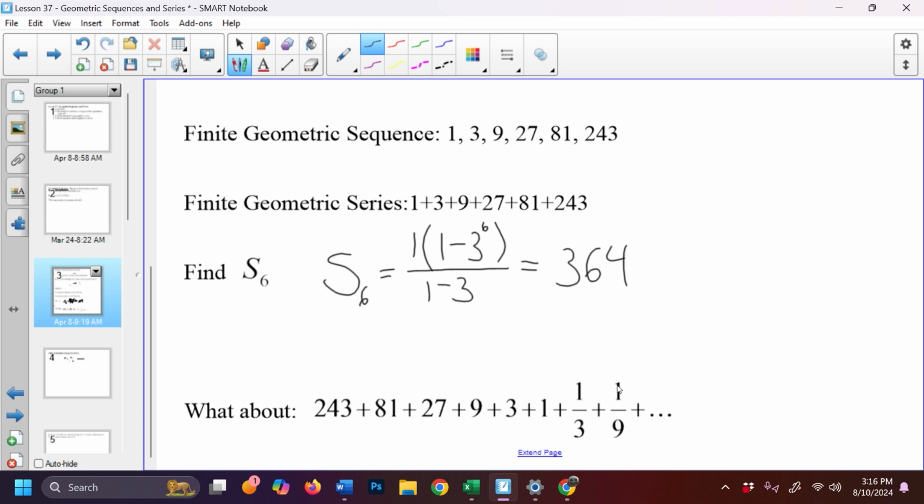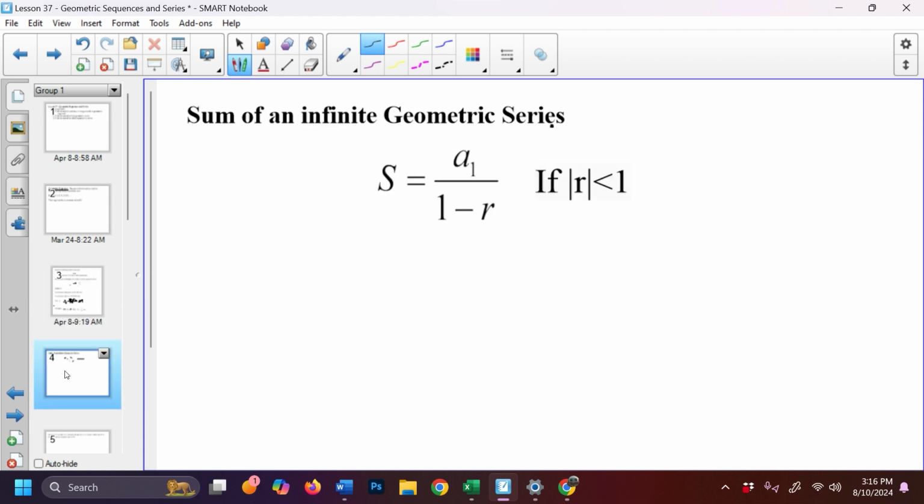And 1/3 times 1/3 is 1/9. And we keep that going forever. It turns out that you can actually add up the sum of an infinite geometric series, provided that the absolute value of the common ratio is less than 1. I know that's wild.